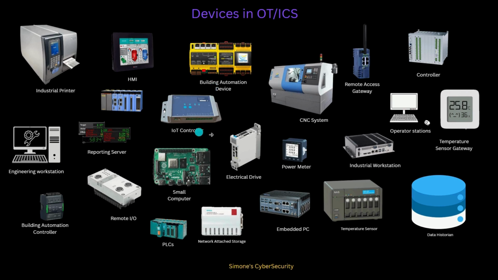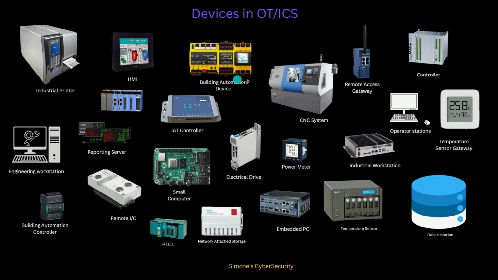These range from PLCs and HMIs to industrial workstations, reporting servers, temperature sensors, remote I/O controllers, and even CNC machines or power meters. And as technology evolves, the lines between these devices are becoming more and more blurred because many modern devices now combine a lot of features that were once separate.